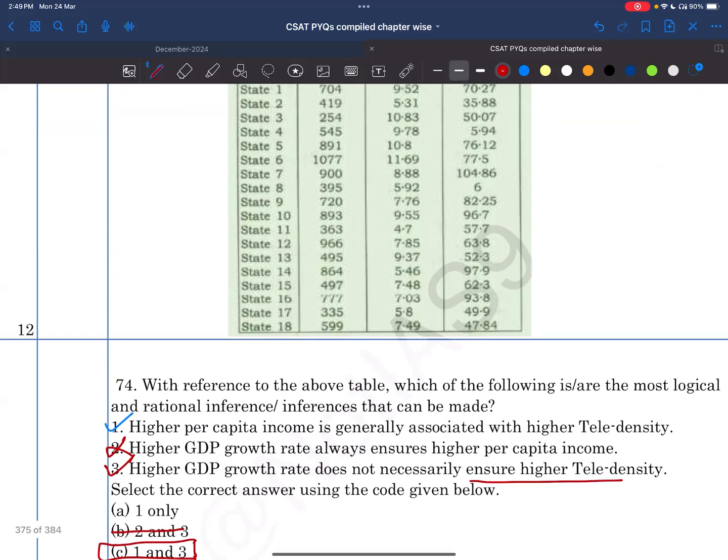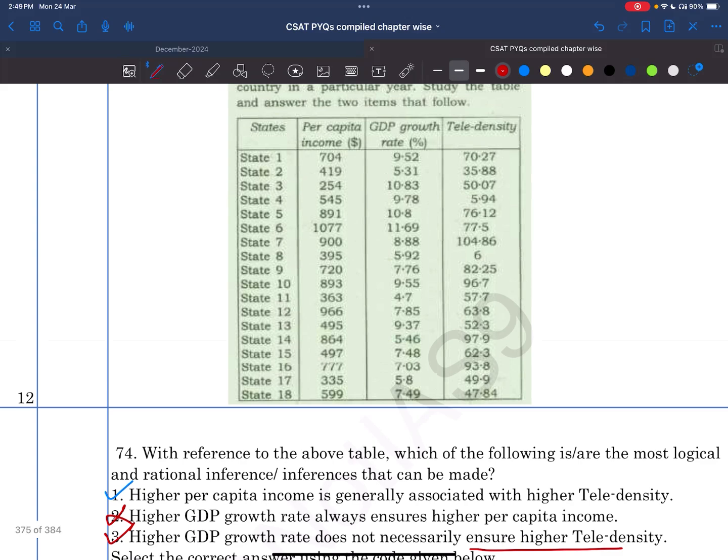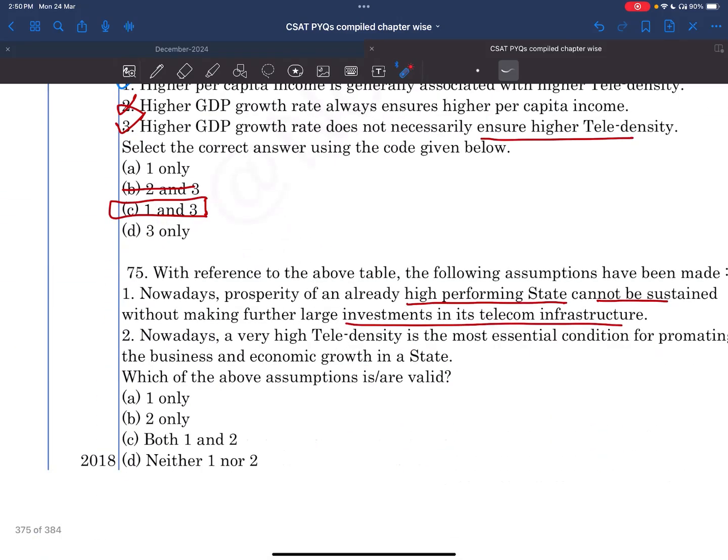Let's check whether high growth rate is associated with high tele density or not. No. These states, state number 3, state number 5, state number 6. See here. These values are almost nearest to 10, right? See here. What is the tele density? The growth rate is higher, but the value is 50. This is very less, 5.94. Right? That means the statement S1 is false.